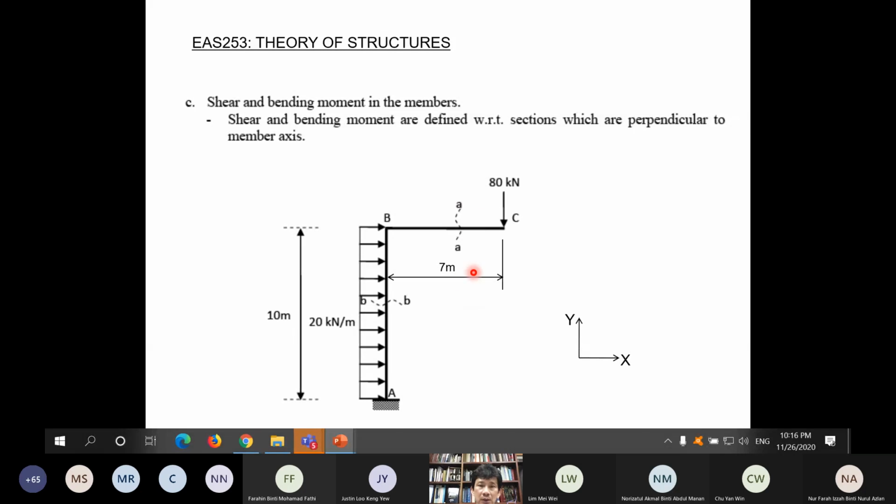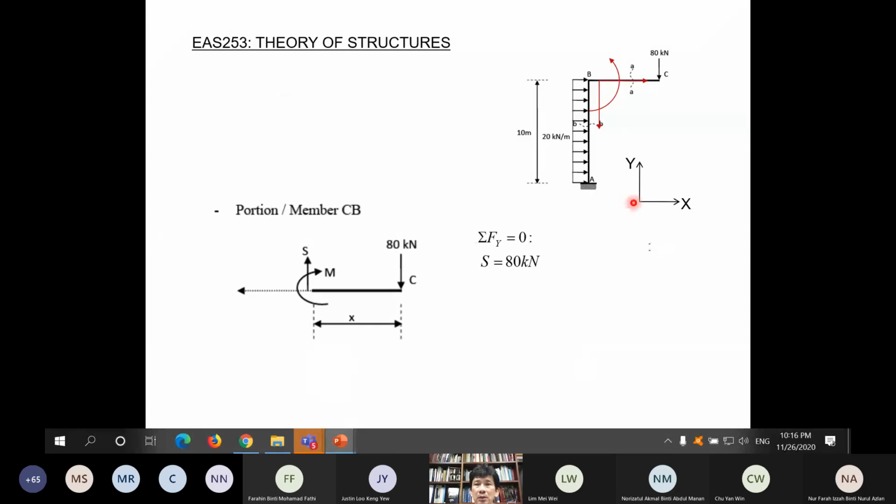So we cut here. We take the free body diagram, this part. So we don't need this. So this is the first part, member CB here. We cut here. We make use of the free body diagram.